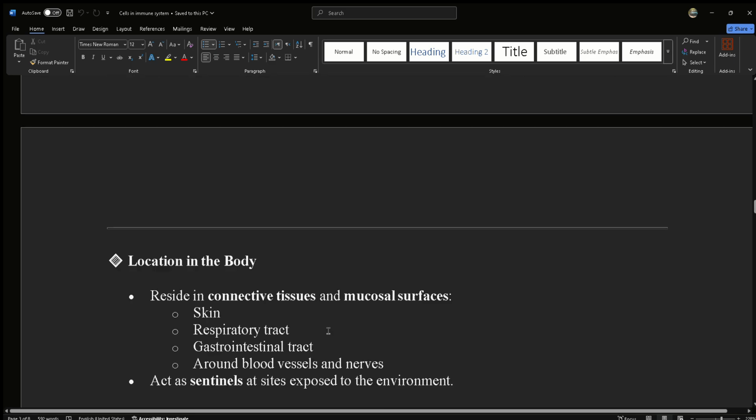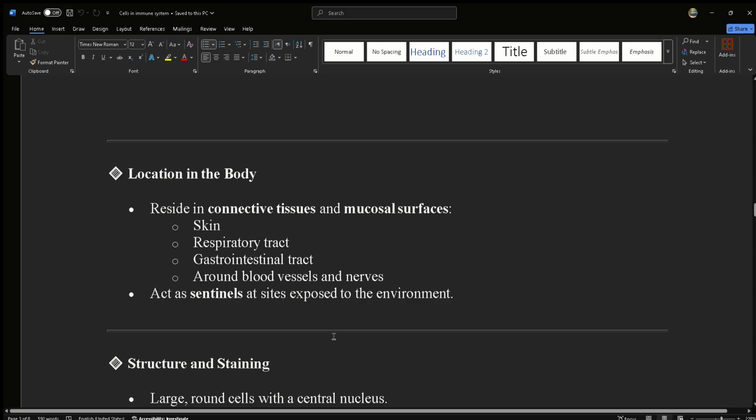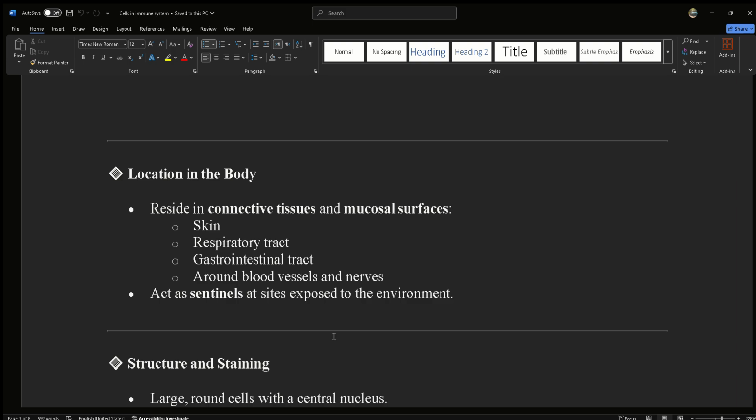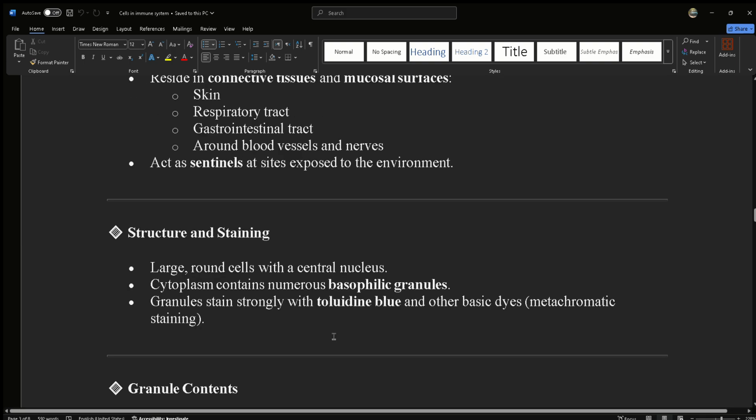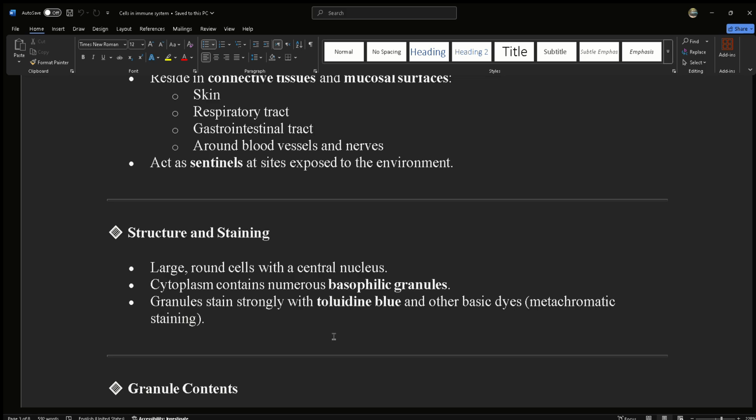Location in the body: they reside in connective tissues and mucosal surfaces, that is skin, respiratory tract, and gastrointestinal tract, around blood vessels and nerves, and act as sentinels at sites exposed to the environment. Structure: large round cells with a central nucleus.